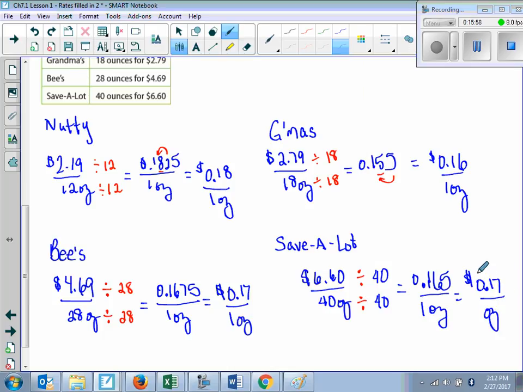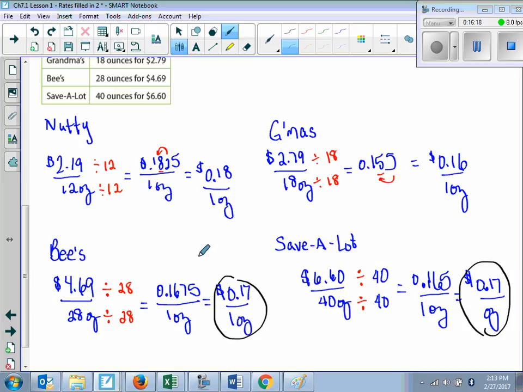Okay. Now, the dilemma here is we have two prices that are 17 cents. In that case, we have to look to the unrounded version. Is everybody with me? Okay?